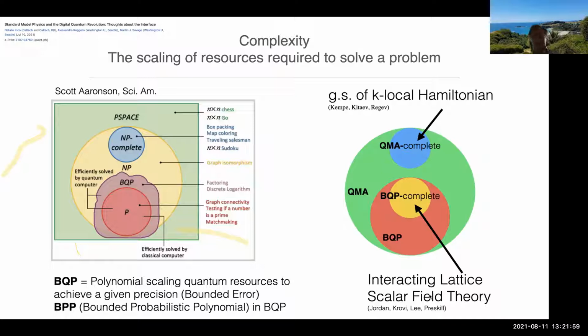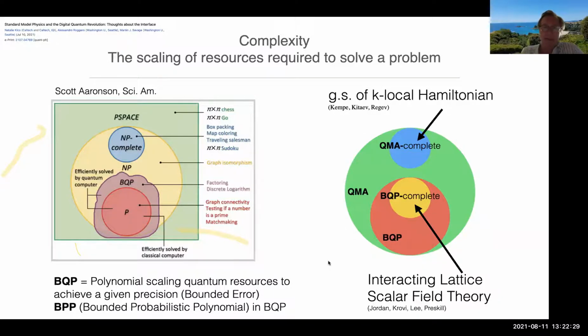So if one understands how to solve the relevant aspects of interacting lattice scalar field theory for a problem you're interested in, then you can also solve that problem. In contrast, finding the ground state of a 2-body, 3-body local Hamiltonian is outside of BQP, and sits in QMA complete.